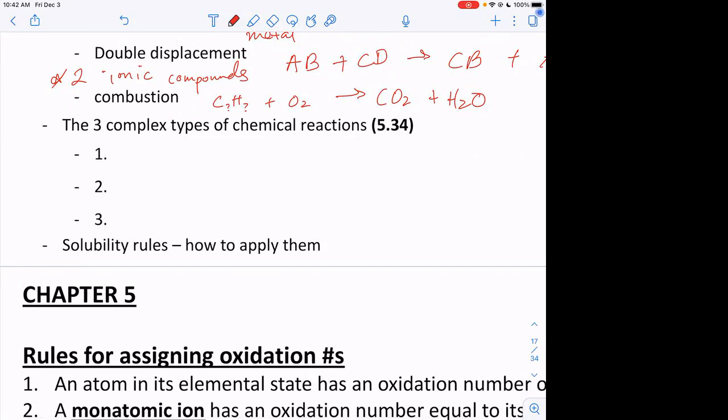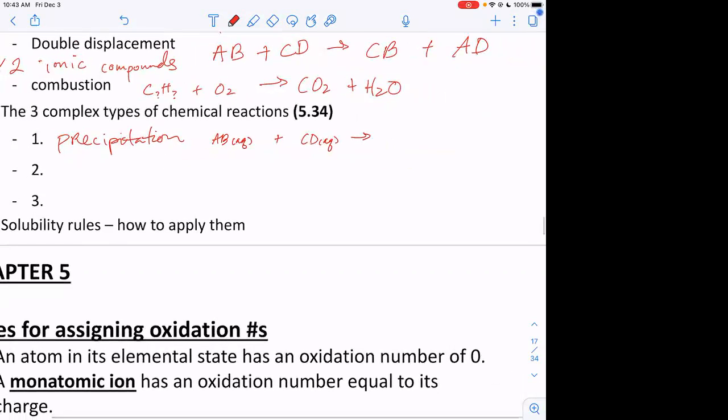So then the three complex types of chemical reactions that we discussed were precipitation, this is where you have some sort of compound, we'll say AB, and it's aqueous plus CD, and it's aqueous, and then it's like a double displacement reaction, and you make some sort of product.